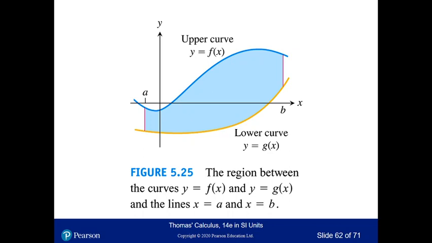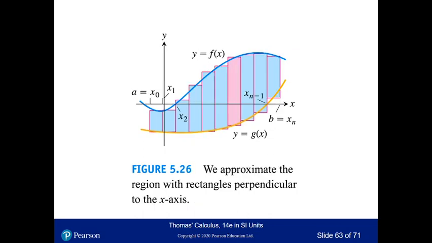As you would see, the area between the two curves is not a regular shape. And the area is going to start when x is equal to a, and it's going to go until x is equal to b, right? So the question is, how would you find such an area? Okay, the idea is the same. We are going to form our rectangles.